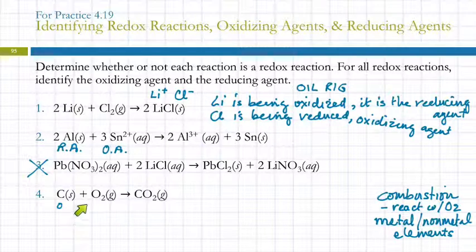How about this O2? It's also 0. And then we come over here to the carbon dioxide. We have 2 nonmetals. There's no charges involved. So we go straight to that last part. There's no fluorine, there's no hydrogen, but there's oxygen.